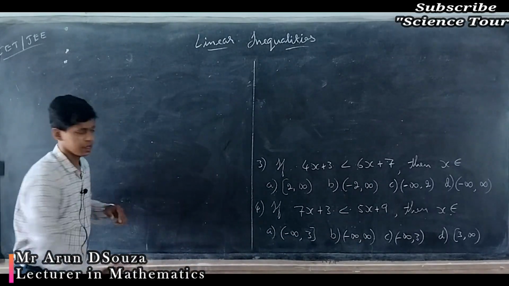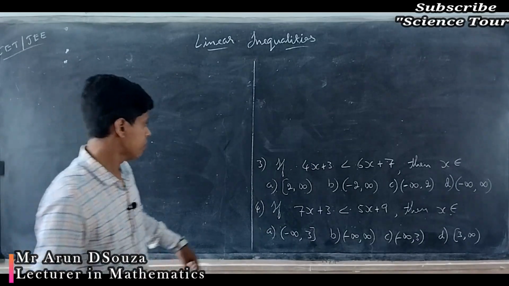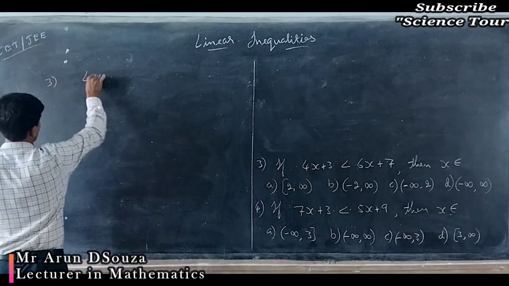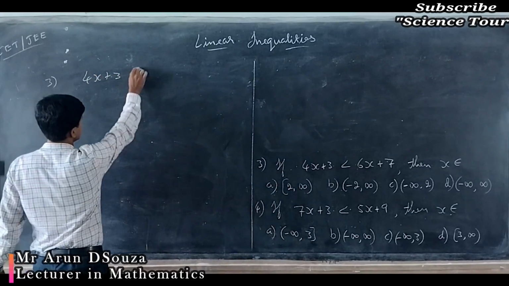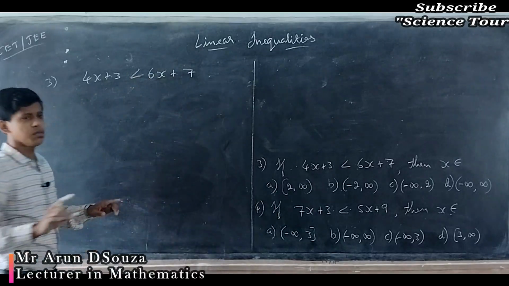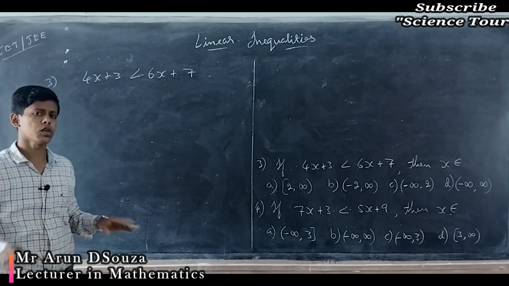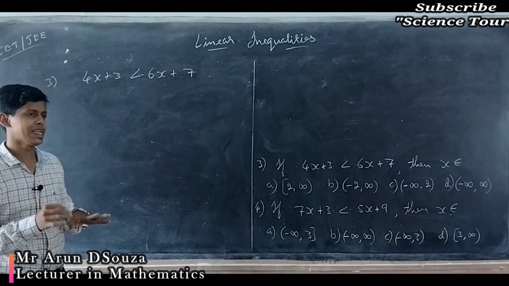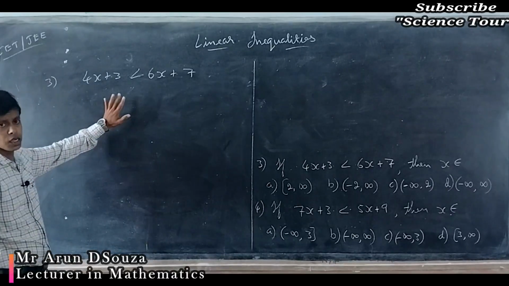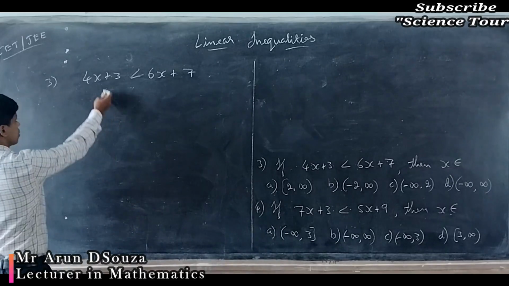Let's answer it. Well, so to begin with, we have 4x plus 3 less than 6x plus 7. This is a simple inequality. Just work with positives and negatives, okay, adding and subtracting, that's it. And if at all you need division, we'll see how we can do it.